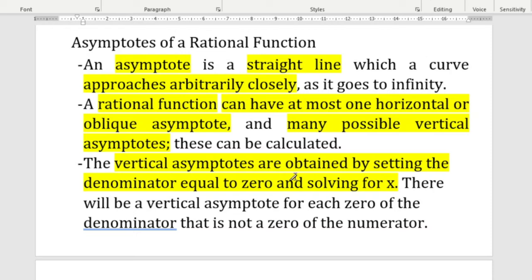Solving for x here is not intended to look for the value of x, but to look for the equation of the vertical asymptotes. There will be a vertical asymptote for each 0 of the denominator that is not a 0 of the numerator.